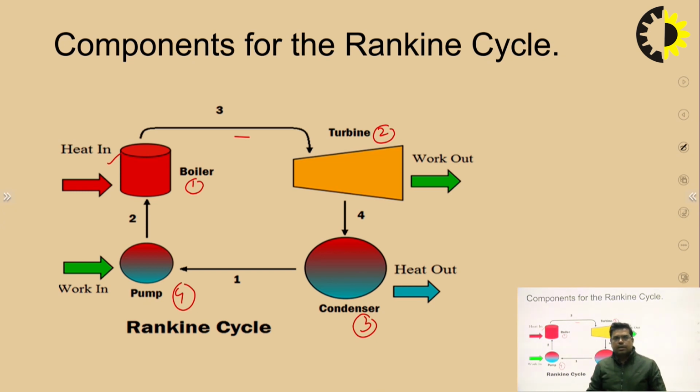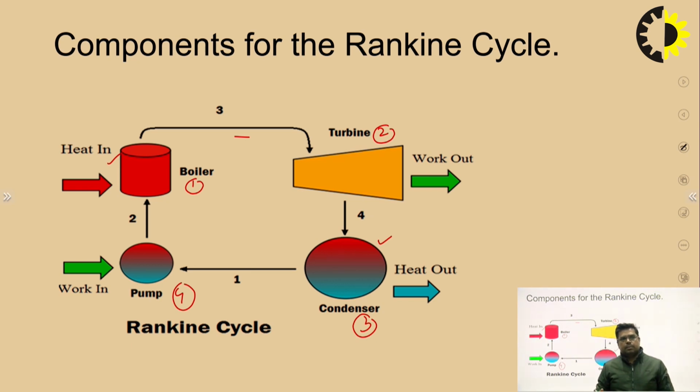After rotating the turbine, some of the steam is wasted. If it is recycled, or used again, then we convert it into water droplets with the help of a condenser, and this condensed water is fed again to the pump, and this cycle continues processing.